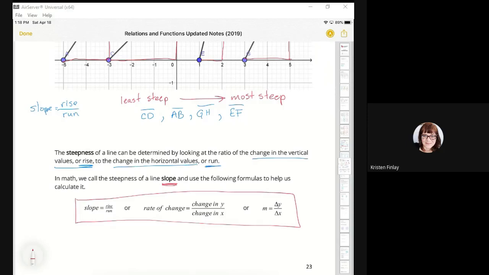Or we can talk about it in terms of rate of change. So the change in y, remember the y is our vertical and our change in x is our horizontal. Or we can write it as m, the slope, is equal to the change in y over the change in x.